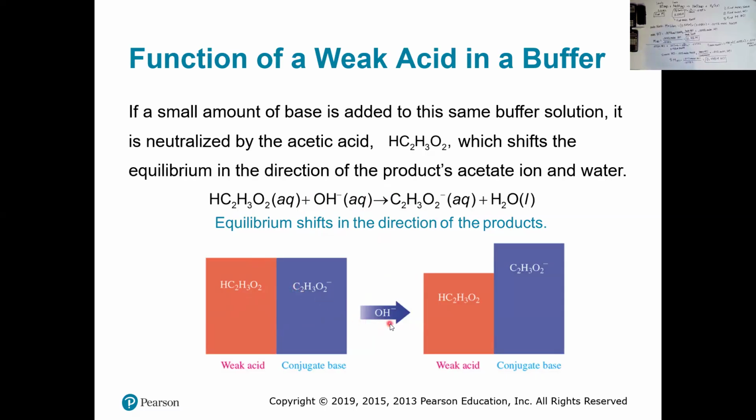We added a little bit of hydroxide. And so the amount of weak acid we had went down, and the amount of the C2H3O2 minus we have increased, because as the acetic acid uses up the hydroxide, it forms more of that acetate ion. Okay.